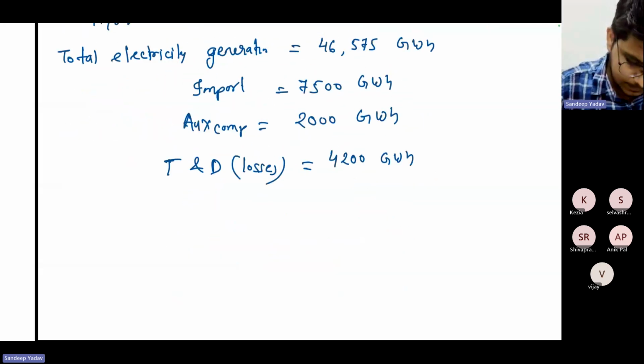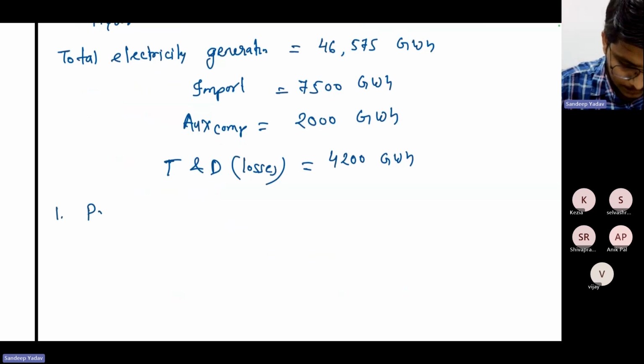Now the first thing they're asking is, what is the primary energy consumption?